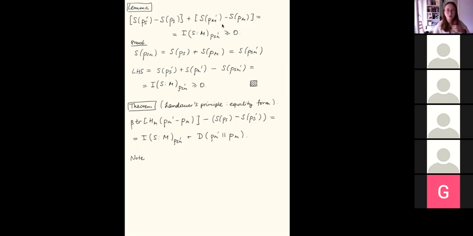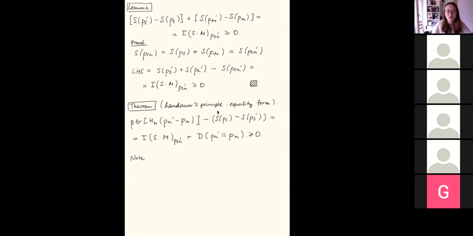How does this relate to our usual inequality form that we used to see? So we can note here again the information coming from the QIT course that both the mutual information between systems S and M and also the relative entropy between the final and the initial state of the machine are non-negative, for any states that we plug in there.